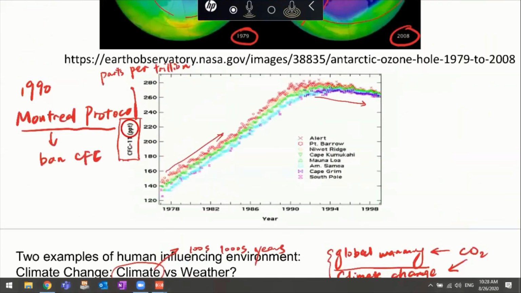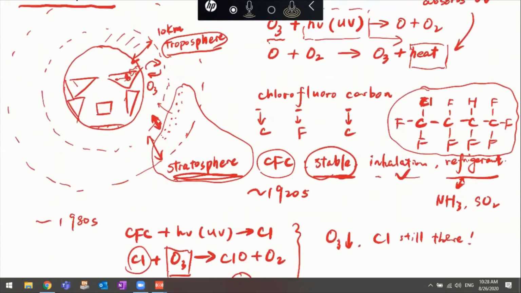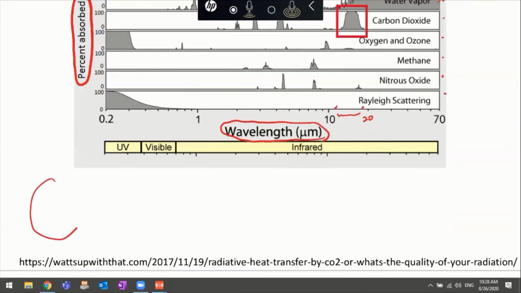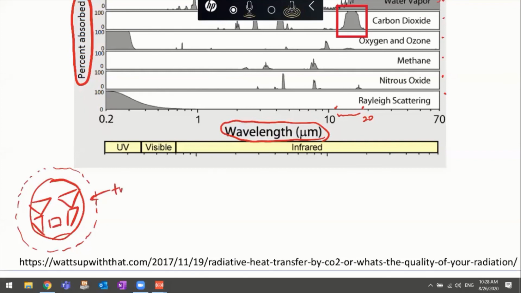So let's use the Earth model again. I'll just draw it here again. Our atmosphere exists here, and this is mainly talking about the troposphere. Inside the troposphere, we form all different types of clouds, right?